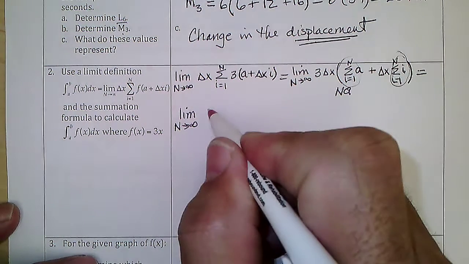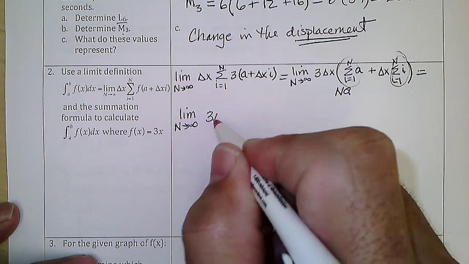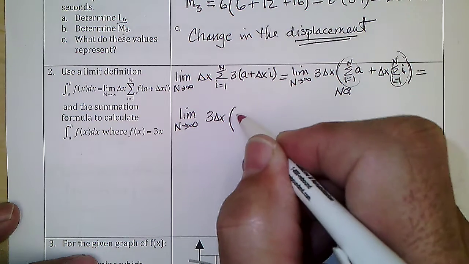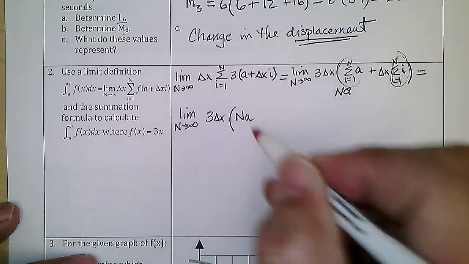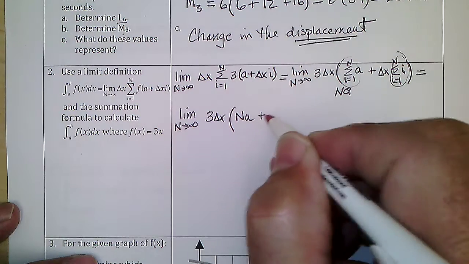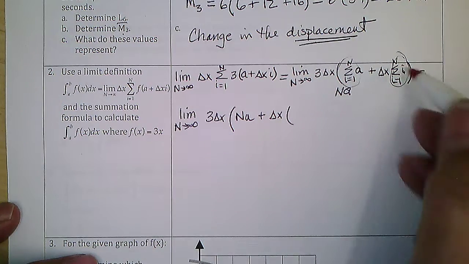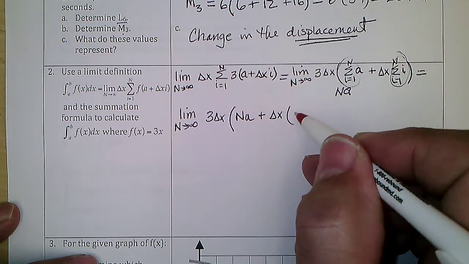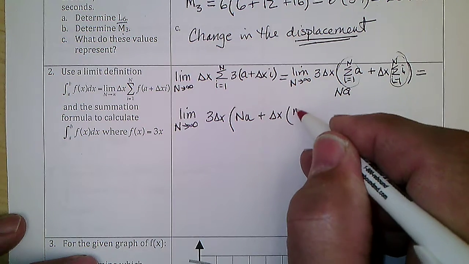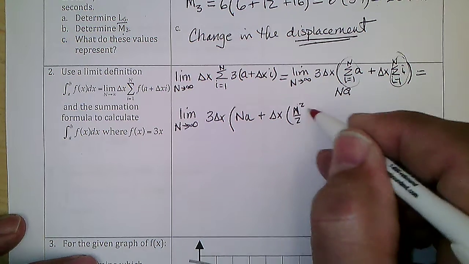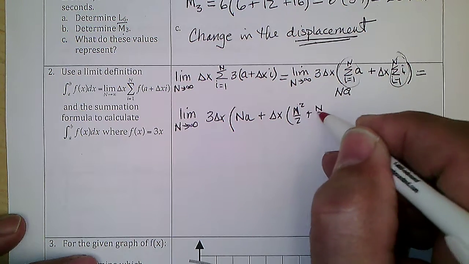So we have 3 delta x times n a's plus delta x times the sum of the integers 1 to n, which is n squared over 2 plus n over 2.